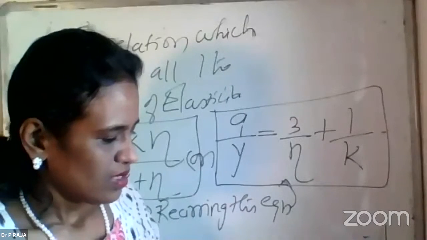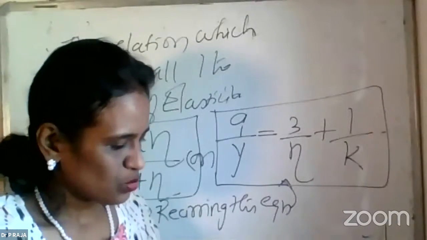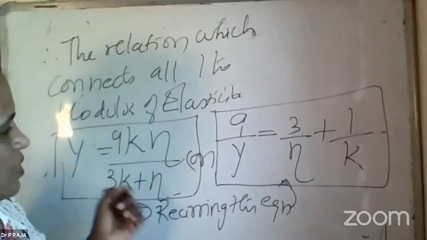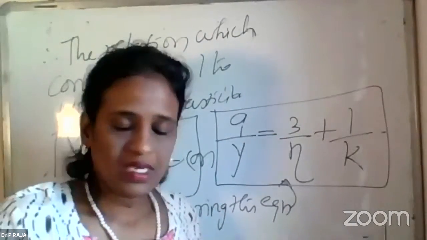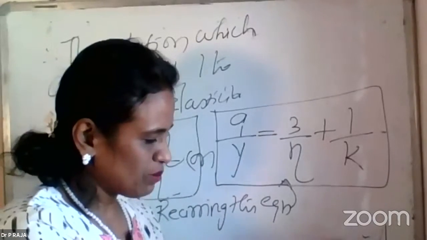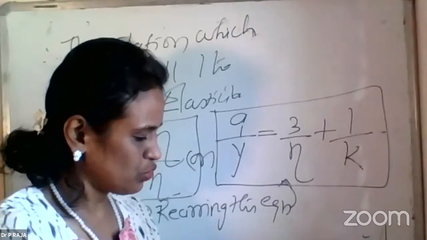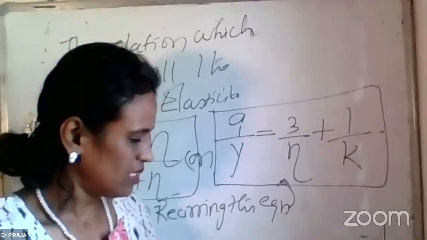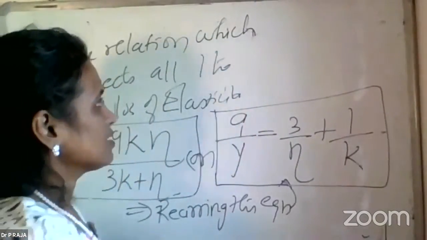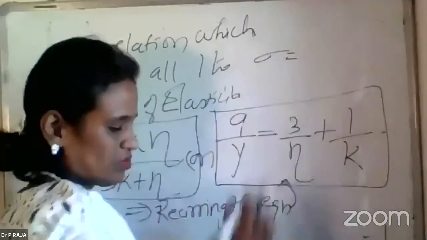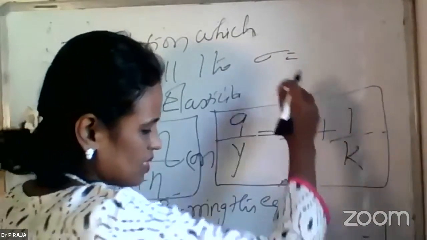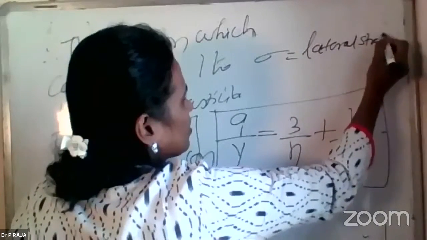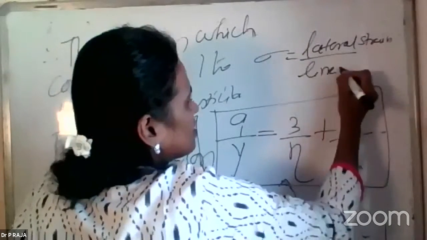So with this the class is over, and I would also like to say something about the significance of Poisson's ratio. You all know that Poisson's ratio is nothing but the ratio of the lateral strain divided by the linear strain. Sigma is nothing but the lateral strain divided by linear strain.